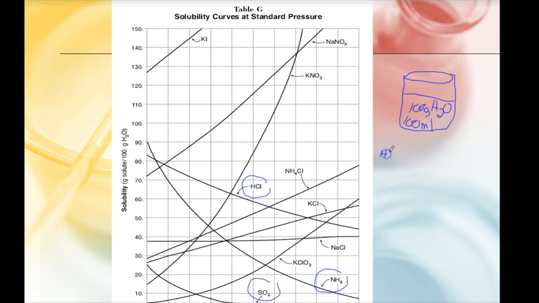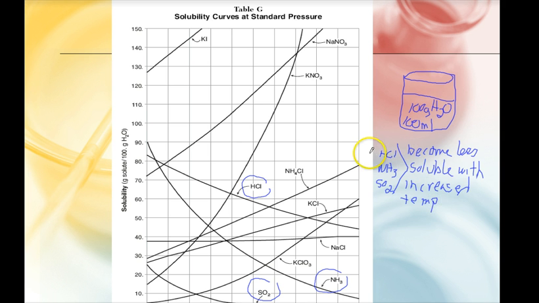So HCl, NH3, and SO2 actually become less soluble with increased temperature. That's kind of an important point. Why is that? Well, that's because these are all gases.